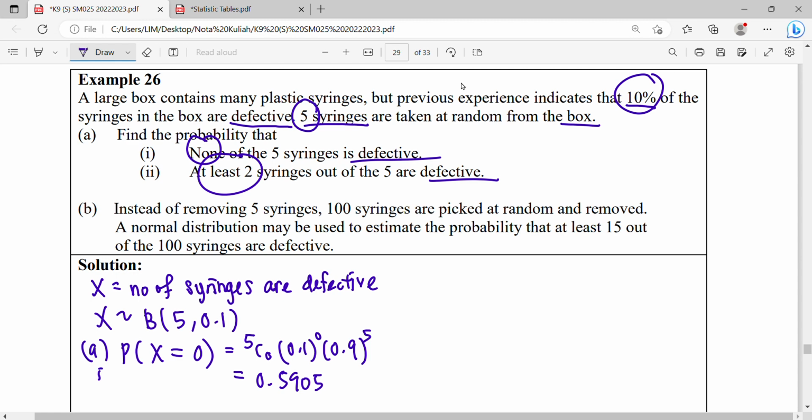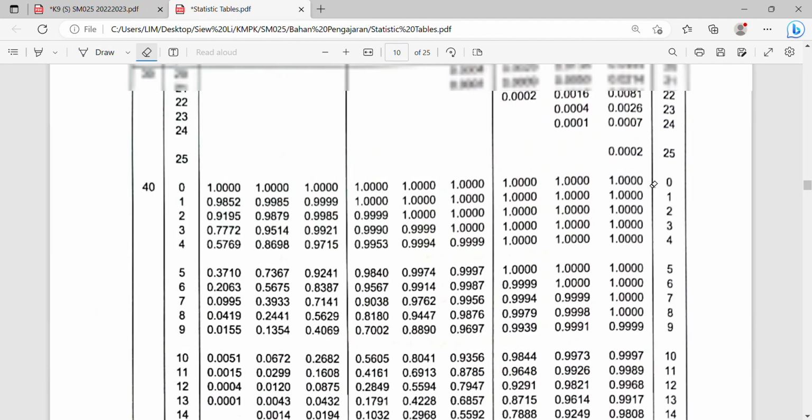So that is question number 1. Okay, question number 2. How many syringes? At least. How do we write the symbol for at least? More than or equal to. So for this situation, we read the table, which is faster. We can read it straight away. So where's your n 5, p 0.1?